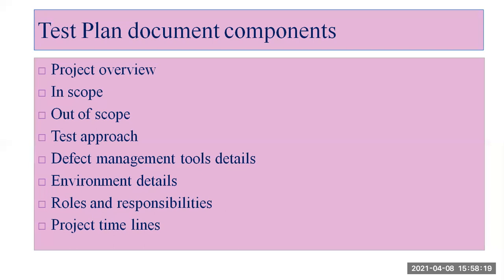It's like a roadmap of the project. It says exactly what we are going to test, how much time it will take, and how many resources are there in this particular project. We provide that information in the test plan document.